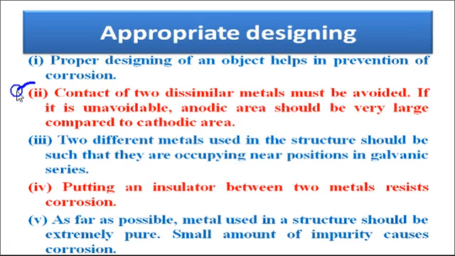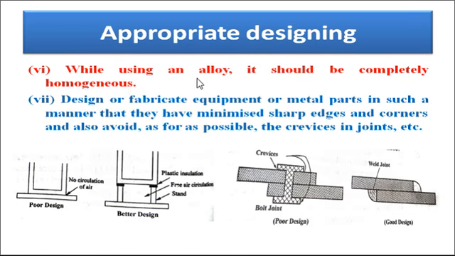These points are related to the case when two dissimilar metals are used in the designing of any type of structure. If a single metal is used, then this metal should be in an extremely pure condition to avoid chemical non-uniformity. And in case an alloy is used, then this alloy should be a completely homogeneous alloy. So this is about the metals used for the designing of any type of structure.